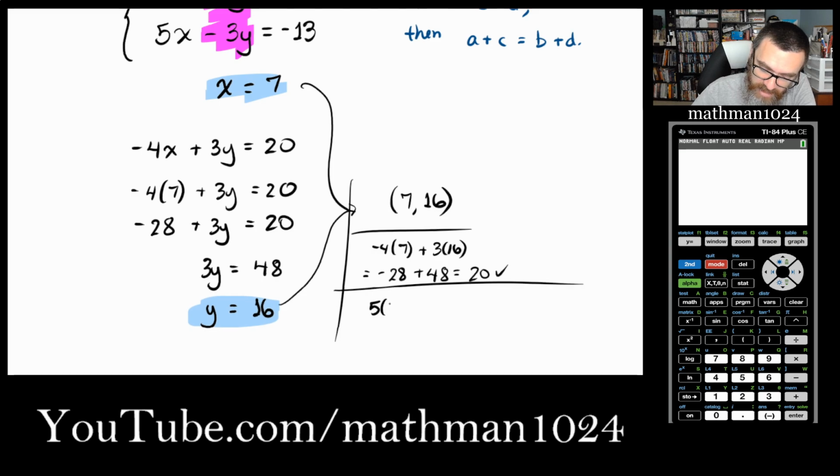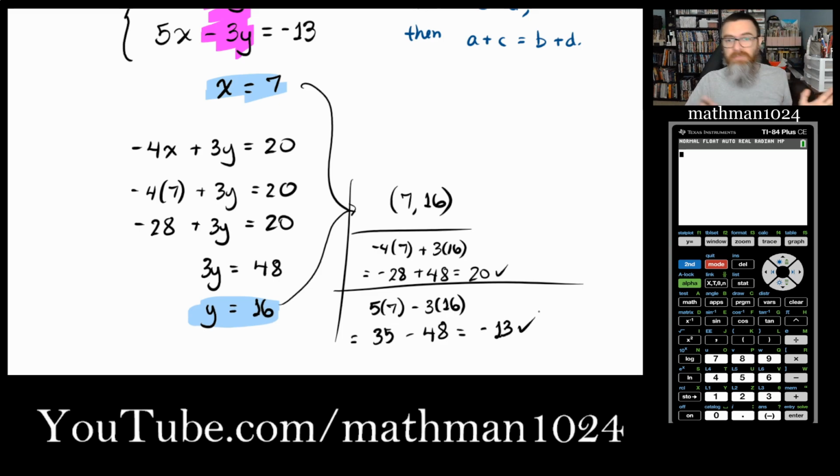So if I do 5 times x, that's 7, minus 3 times y, which is 16, let's see what we have. We have 35 minus 48, which equals negative 13. So again, that checks out. It doesn't take long to check your work. And it's one of the easiest things that you can do, and then you can know for certain if you have the right answer.